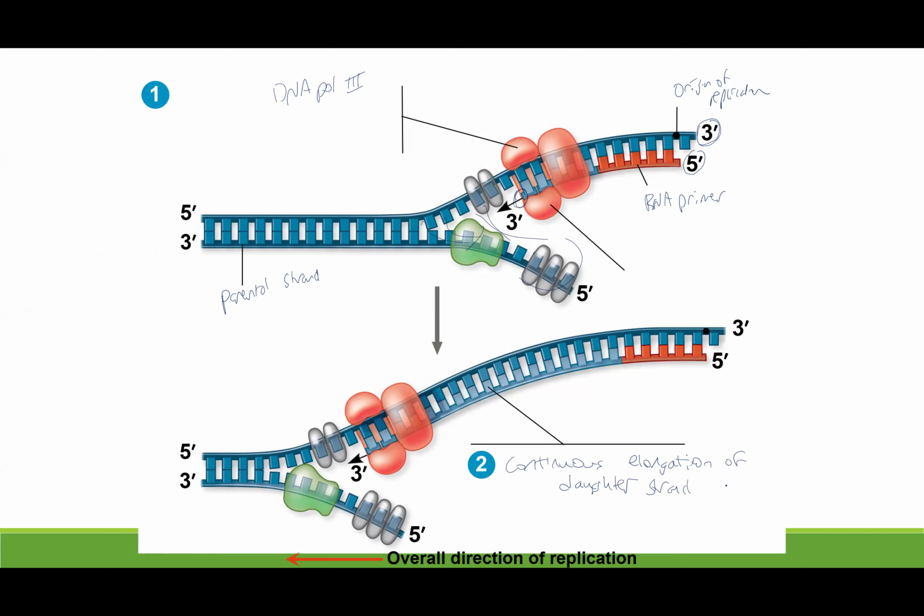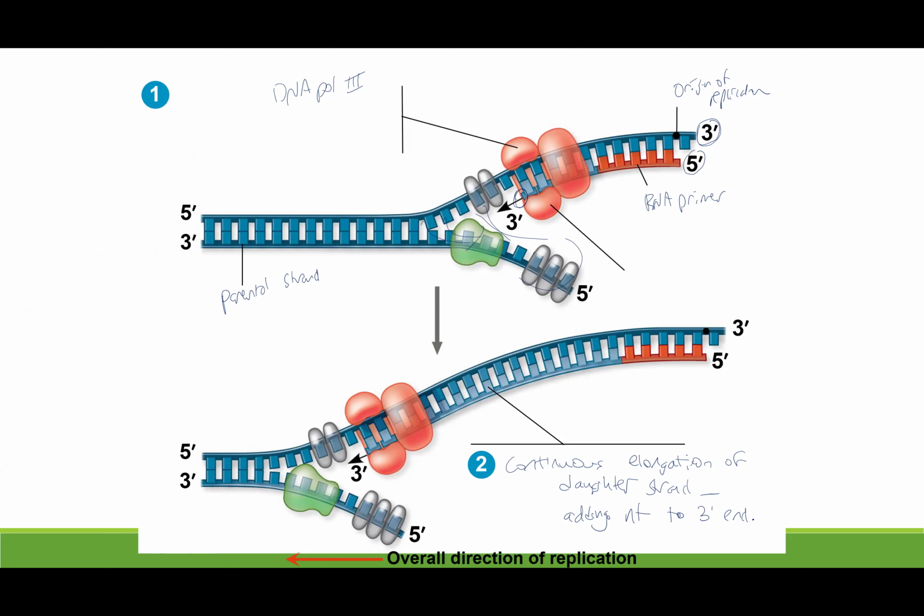Because of the direction it's moving, it's adding the nucleotides to the 3' end. That free OH group at the end is where it can just keep adding on. Again, DNA polymerase 3 is bringing it in at 50 nucleotides a second.